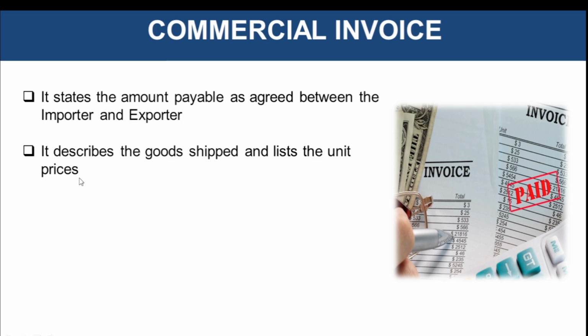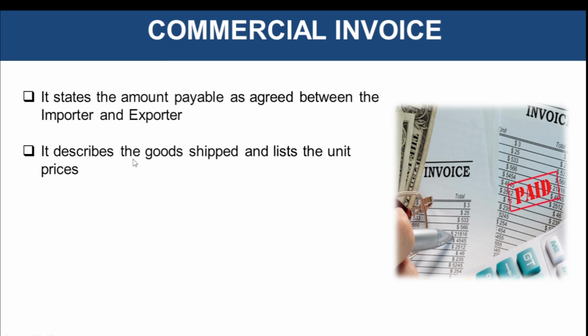For example, 1 lakh is the price of the good that is being sold, so 1 lakh needs to be paid. No, it should not be mentioned like this. How many quantity of goods are being shipped? What is the per unit price? So if 50 kg of something is going from one country to another, what is the price per kg? And then what is the cumulative price? So it would list the unit price and the cumulative price.